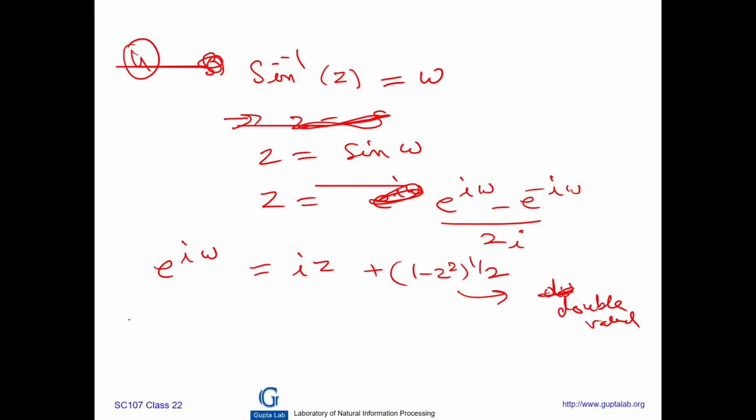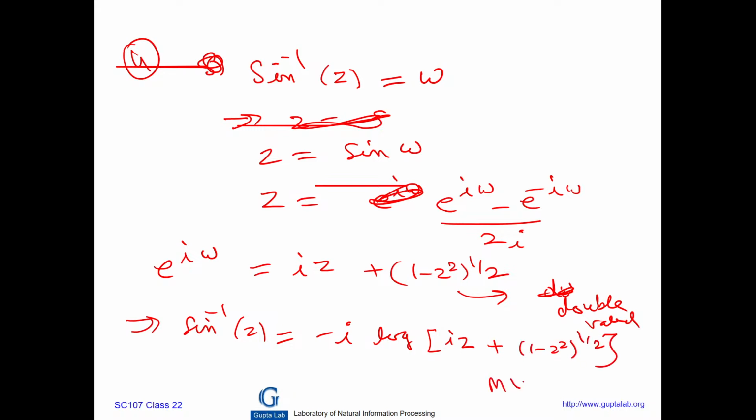So this implies that, once you know this, sine inverse z is nothing but minus i log of iz plus 1 minus z square raised to power half. You get a multiple valued function, MVF, right?